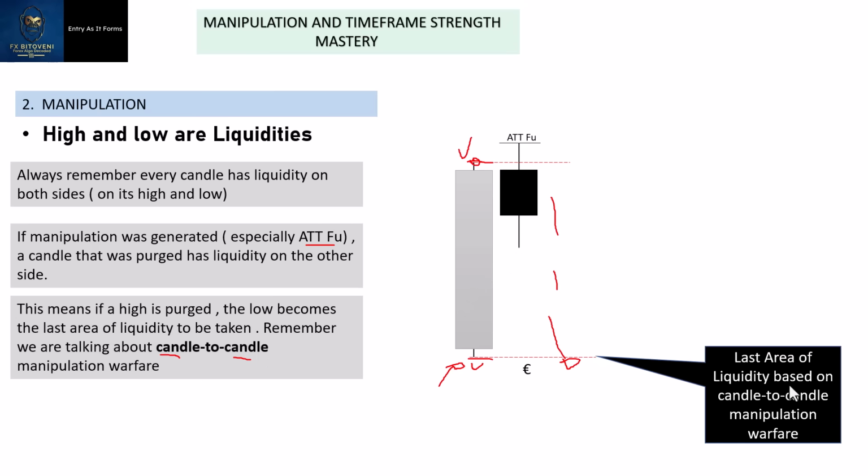So that is the last area of liquidity based on candle-to-candle manipulation warfare. Until the FU is formed, we now know, according to time frame strength, we can only look for a buy opportunity when this liquidity is done being dusted, right? When this liquidity is taken, right?